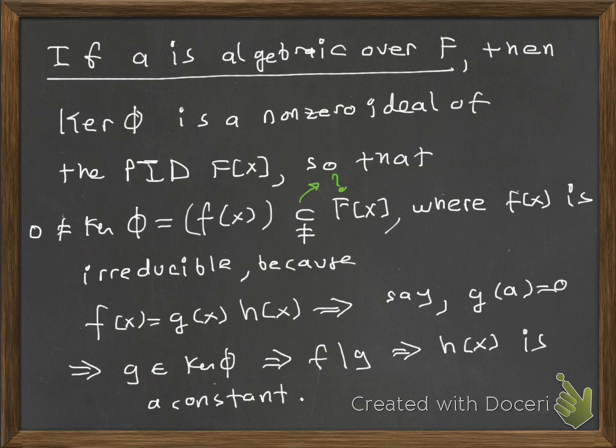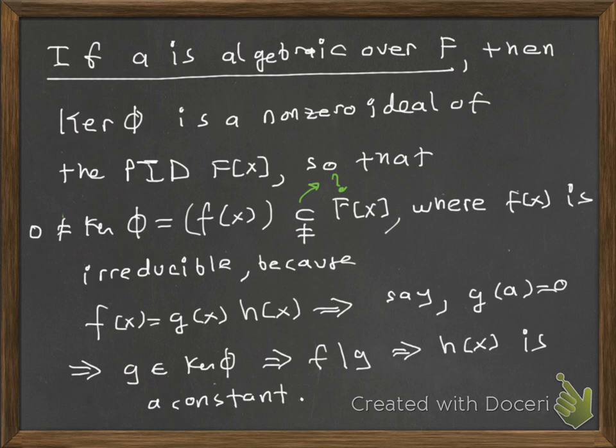Okay, if this is so, then you can evaluate both sides of this equality at the point A, and since f(A) is 0, then the product of g(A) and h(A) is 0 too. That's because phi is a ring homomorphism that factors over products as well as sums.